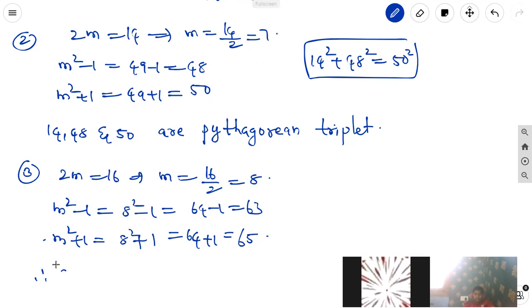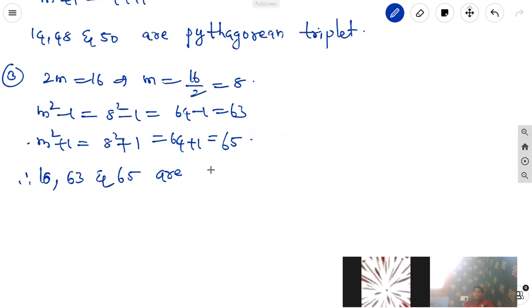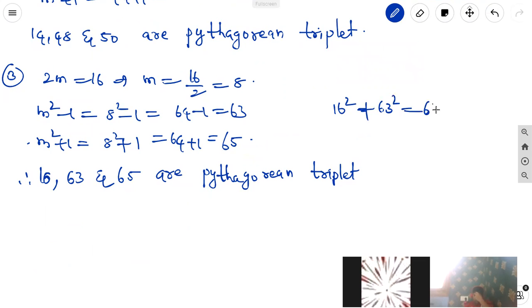Therefore, 16, 63 and 65 are Pythagorean triplet. The rule is 16 square plus 63 square equal to 65 square.